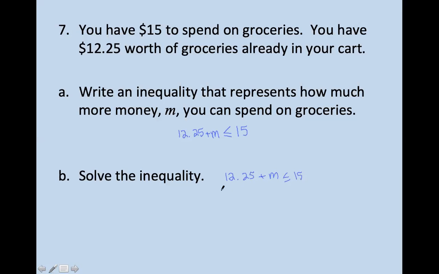I'm going to subtract 12.25 from both sides. And it's not looking like I have a whole lot more to spend on groceries. This maybe is just like a snack run. We have M is less than or equal to 15 minus $12.25, which is 2, oops, that's a 7. So I have $2.75 more to spend.